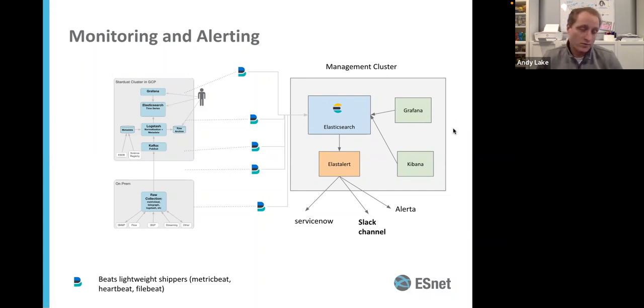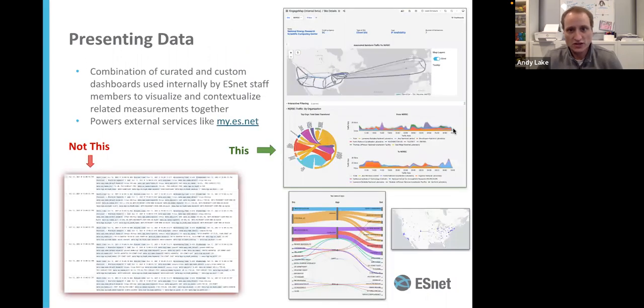We could potentially use it for things like too many errors and discards on an interface, or a set of perfSONAR tests falling below some threshold. All of that's possible, but today we use it primarily for maintaining the infrastructure: this service went down, Kafka lag got too high, things like that. So that's the alerting and infrastructure side.